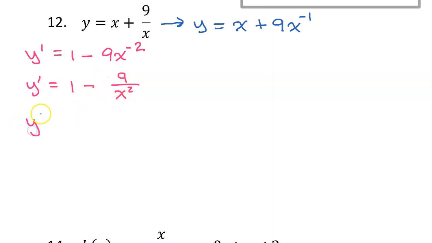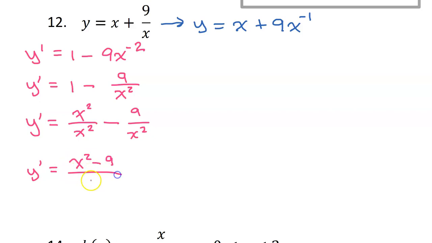So the value of 1 is very special because I can rewrite that as 2 over 2 or 3 over 3 or x over x or x squared over x squared. Obviously I'm picking this, so I will have like denominators. Now I will combine my like denominators and get x squared minus 9 over x squared.